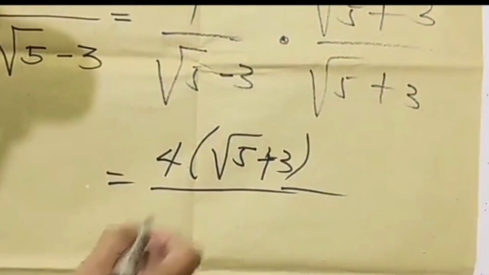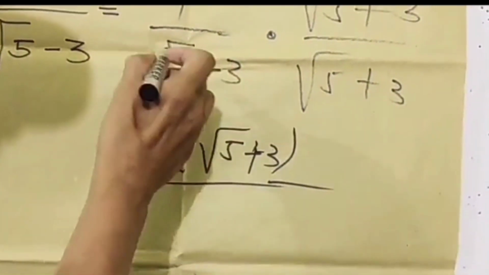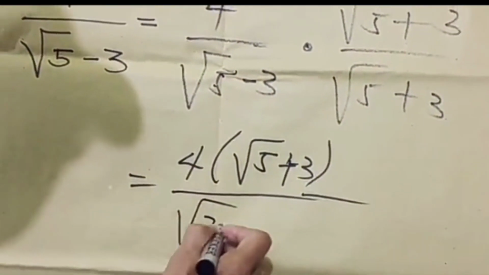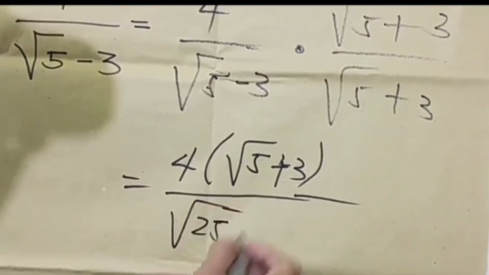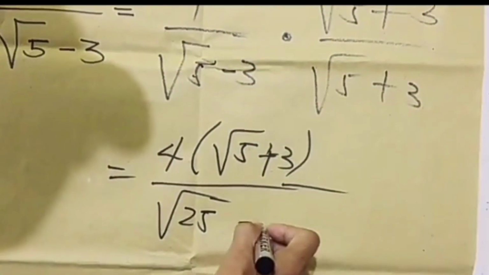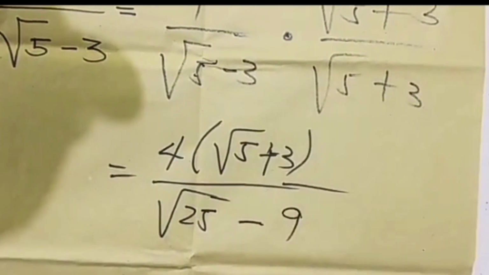And the next is, what is the square root of 5 times the square root of 5? We have square root of 25, and then negative 3 times positive 3, we have negative 9.